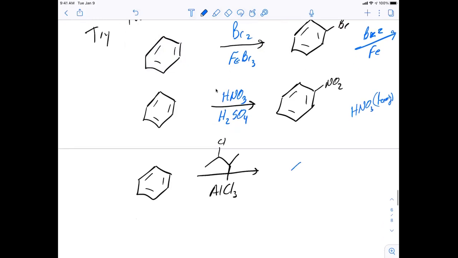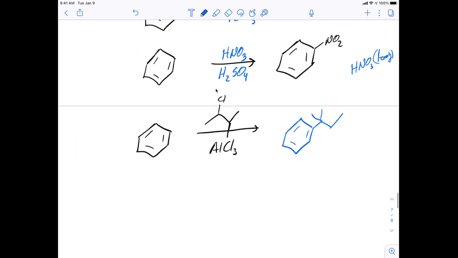Okay, the last one, let me give you the answer and then we might need to take a look at it. On this one, we get the tertiary group. What happens is with the AlCl3 and the chloride, we end up forming this carbocation.